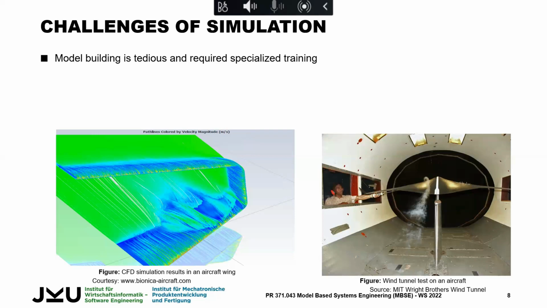Model building: when you want to do simulation, you need models, and model building is not really easy. The simulation results could be difficult to interpret. Sometimes with CFD simulation, I also do not understand what's going on, and it's really very complicated to me, honestly speaking.